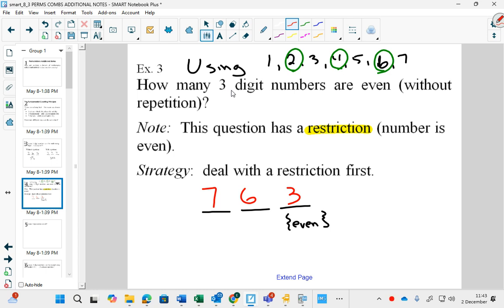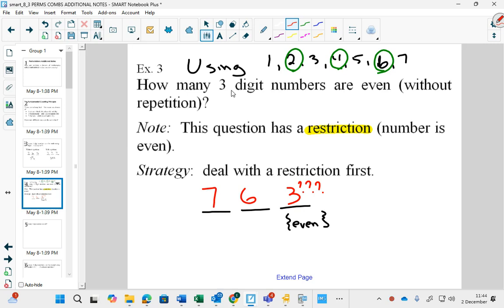Well, what happens in my 7 if I already picked the 2? If I already picked the 2, then I can't put a 3 here because I don't have 3 choices left. But I don't know if I picked the 2. I might not have picked the 2. I might have picked just odd numbers. So we have a problem here because I don't know what number to write there. Because if I dealt with the first two decisions first, then I might have used up the numbers and I might not have, so I don't know what to write.